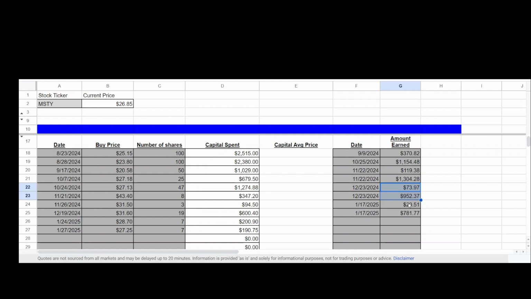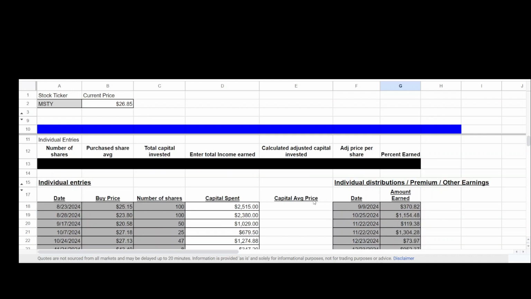And on January the 17th, I earned a total of $802.28. So, as you know, the distributions have been going down slightly over time. So therefore, that's why you see the distribution amounts drop a little bit. But it's still some good money on the distributions.